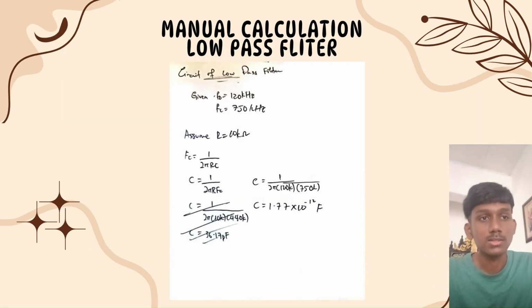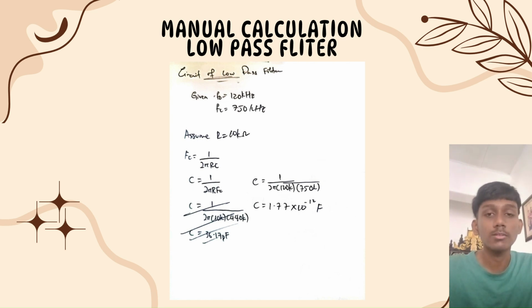For the manual calculation of the low pass filter circuit, the given frequency is 120 kilohertz and the cutoff frequency is equal to 750 kilohertz, and we assume the resistor value is 10 kilo ohms.